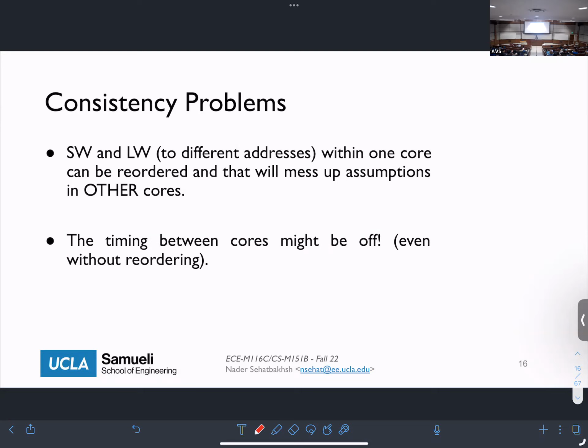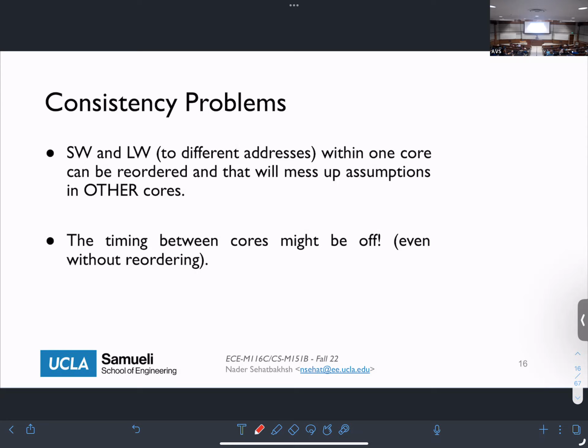The first one is that stores and loads within the same core to different addresses might be reordered because of the compiler or the hardware optimization. Within that core, nothing bad happens, but that will mess up other cores. The assumptions about the other cores and the program within those other cores are going to be completely messed up. All right, that's number one.